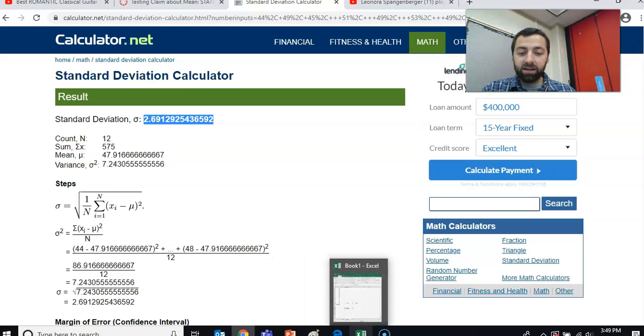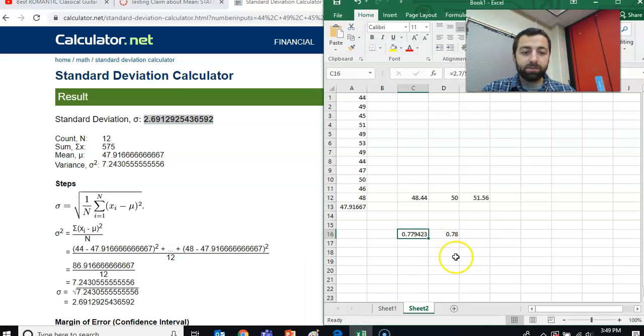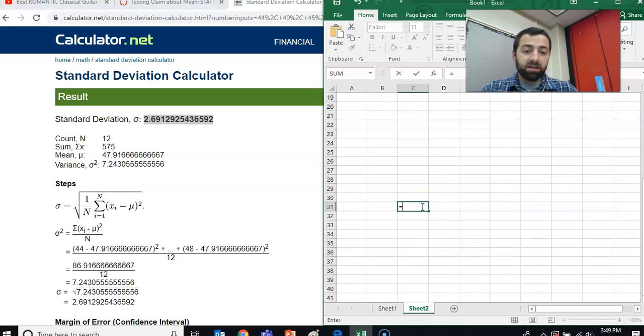And so then all I did, I took that 2.70 and then divided that by the square root of our sample size, which is 12. All right, and that's how I got 0.78.